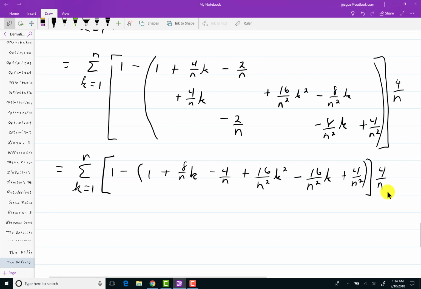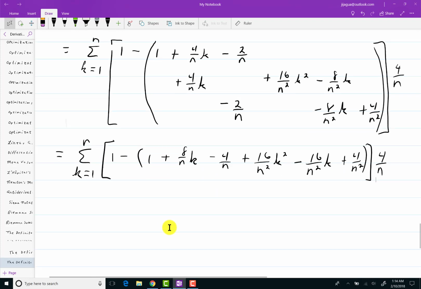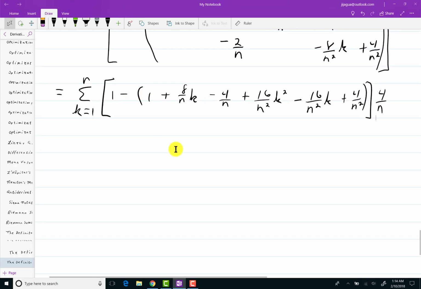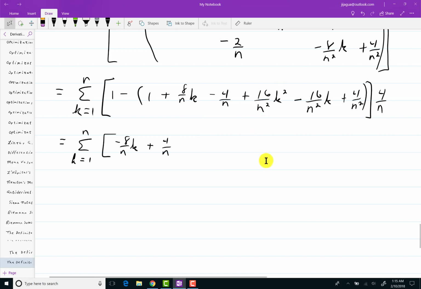I'm going to come through and change all these positives and negatives and vice versa, and I can take out the 1s. So I have the summation k equals 1 to n. Let's see, we have negative 8 over nk. We have plus 4 over n. Minus 16 over n squared times k squared.